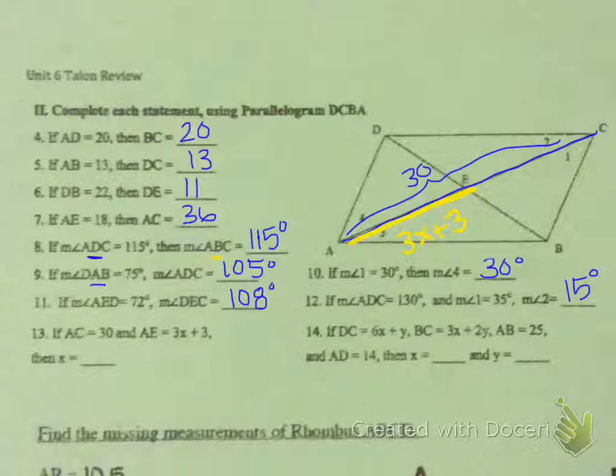Okay, there's a couple ways you can do this, but probably the easiest one is recognizing that this whole diagonal is being cut in half. So what's half of 30? Well, it's 15. So just from A to E, that part right there, that's 15, because the other side is also 15.